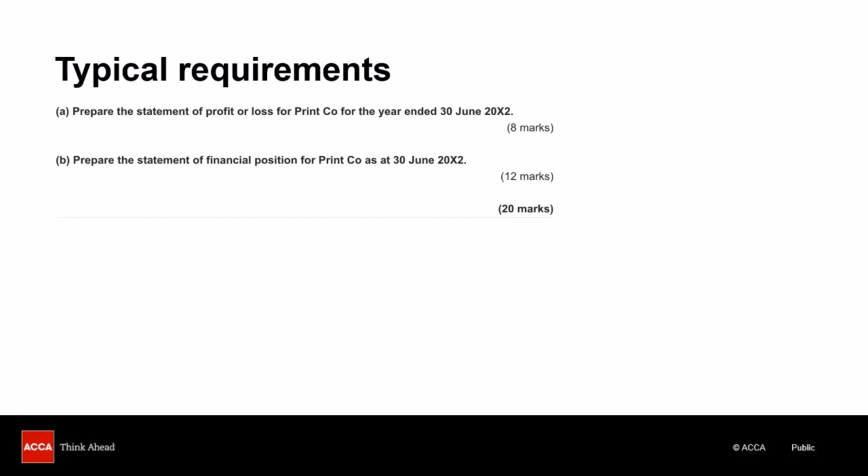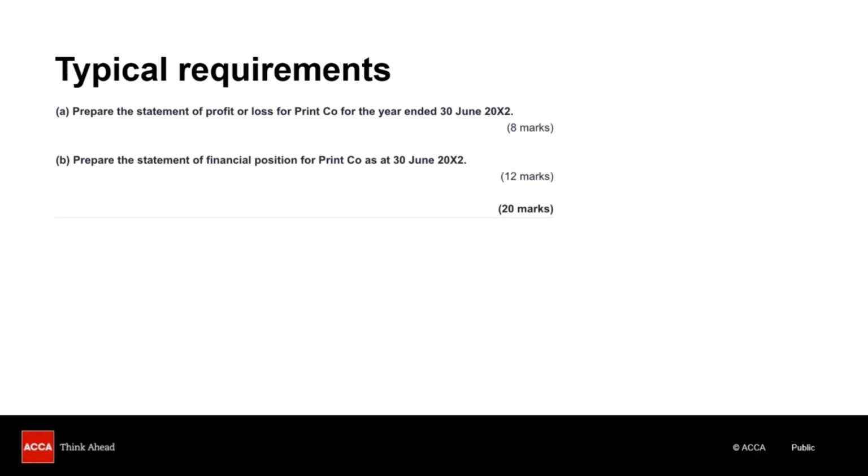These questions are very comprehensive, but the advantage is that the marks are broken down: 8 are allocated for profit or loss, and 12 for the statement of financial position. So neither statement can be massively detailed because the marks have been broken into two chunks, and the examiner has to give you easy marks also.